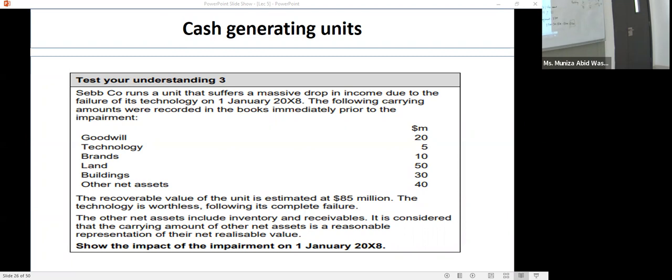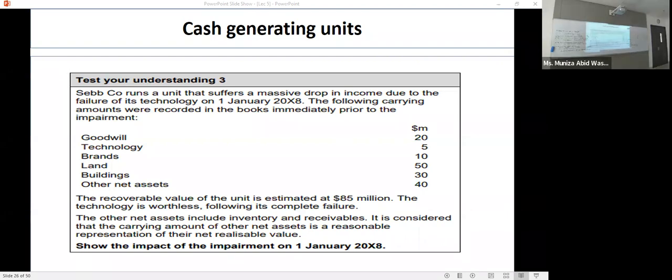Have a look at this question once again. Final answer, they have asked you to show the impact of the impairment on 1st January 2008. Not 45, they have just asked you about this whole scenario.